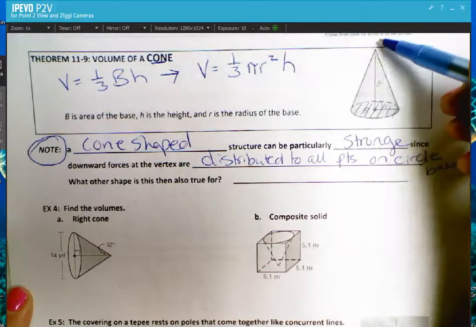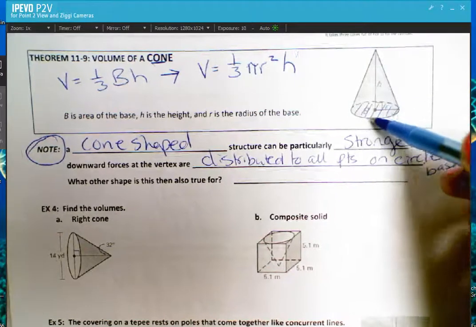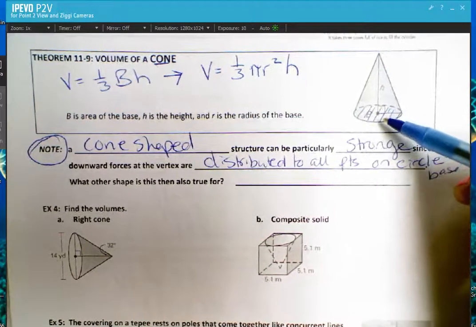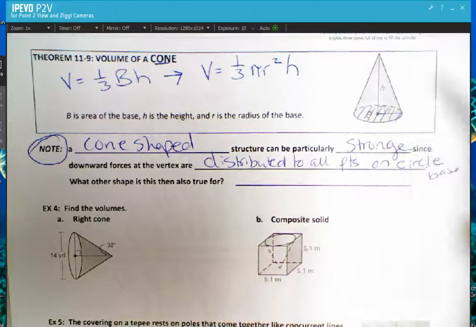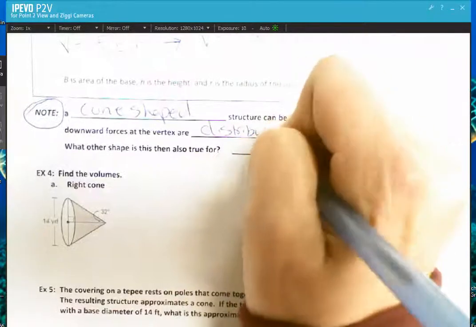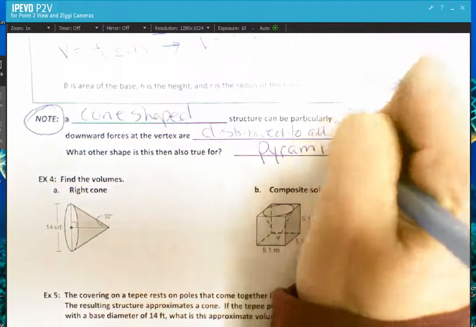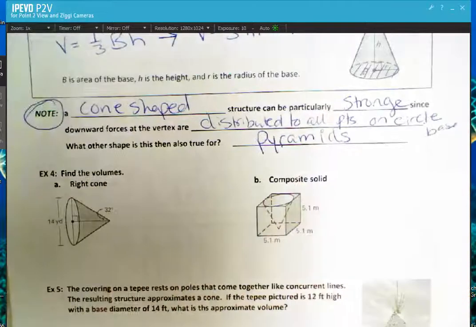So if I apply pressure here, it's going to distribute and even out that pressure among that whole circular base. So that's why they're particularly strong. What else would this apply to then? We're also going to see the same rationale in our pyramids. We'll take a look again at that tomorrow.